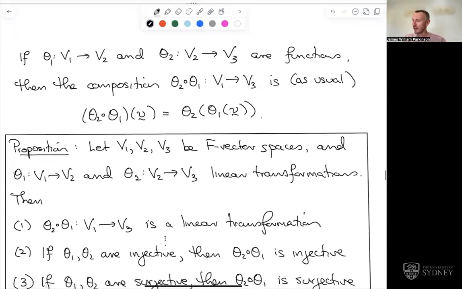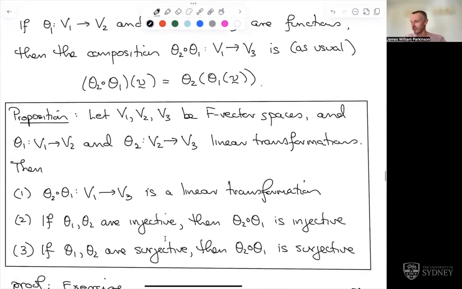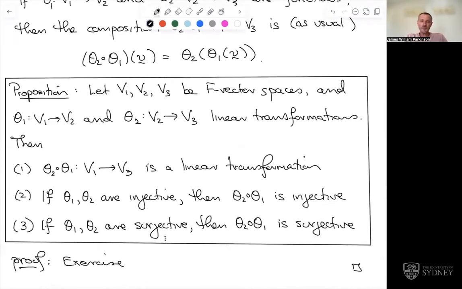And the proposition here, now we move back to vector spaces. Let V1, V2, V3 all be F vector spaces, and let's say we've got a linear transformation from V1 to V2 and a linear transformation from V2 to V3. Then the composition is again a linear transformation. And a bit more information: if θ1 and θ2 are injective, then the composition is.